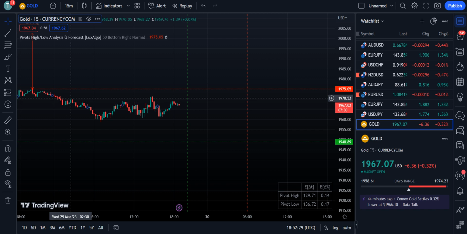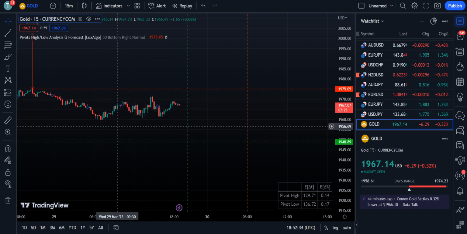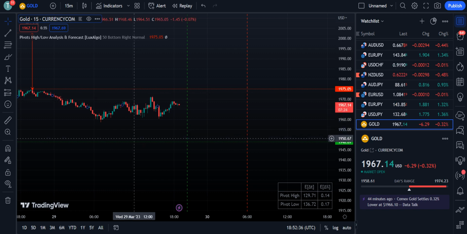So whenever the price action is moving in between these 2 lines, it has to respect these 2 levels of support and resistance.